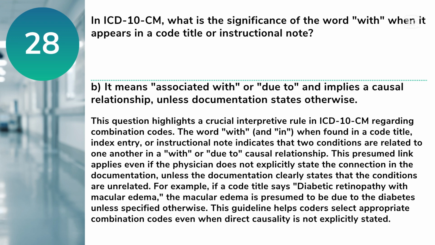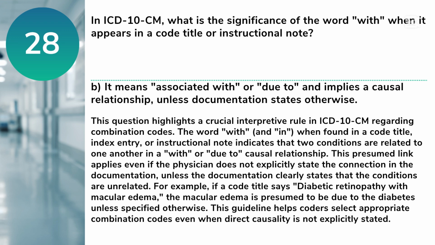This question highlights a crucial interpretive rule in ICD-10 regarding combination codes. The word "with" and "in," when found in a code title, index entry, or instructional note indicates that two conditions are related to one another in a "with" or "due to" causal relationship. This presumed link applies even if the physician does not explicitly state the connection in the documentation, unless the documentation clearly states that the conditions are unrelated.